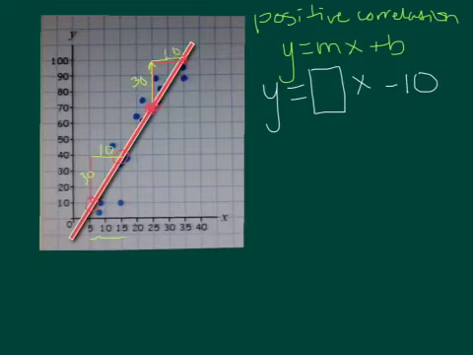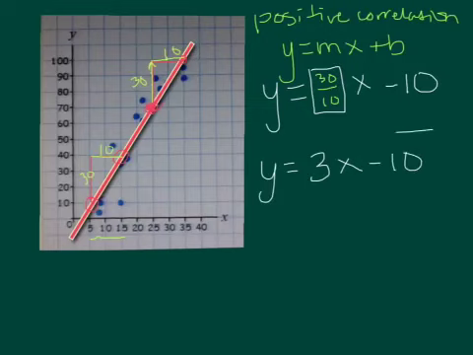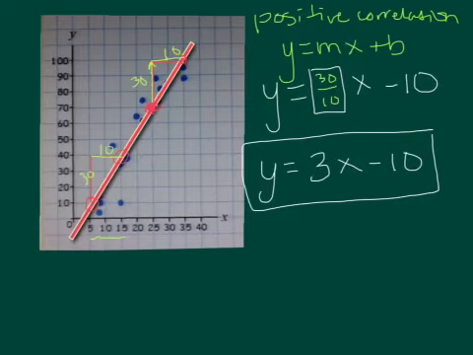So it looks like the rise and run of this graph, rise looks like 30, and run looks to be about 10. And of course we can simplify this. So we'll say the equation is y equals 3x minus 10.